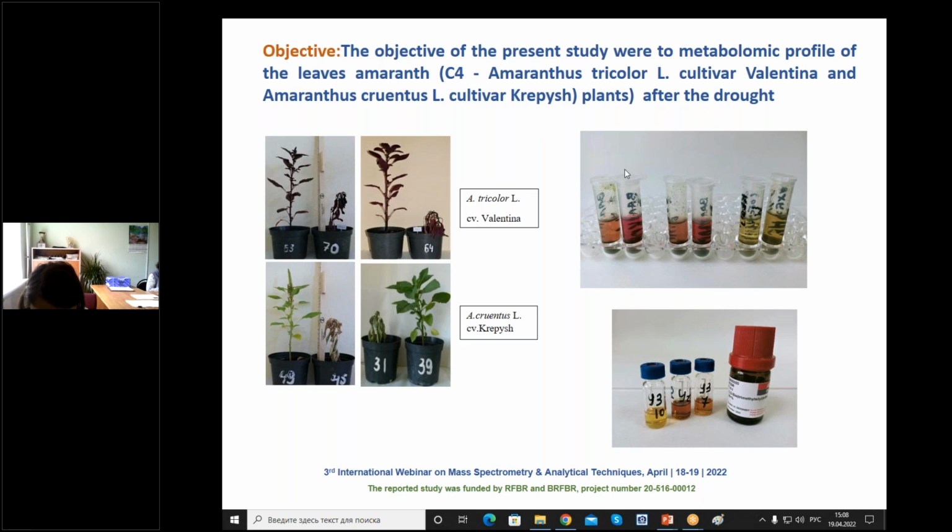Our objective was the metabolomic profile of leaves of amaranth plants after the drought. It was Amaranthus tricolor cultivar Valentina and Amaranthus cruentus cultivar Крепыш.